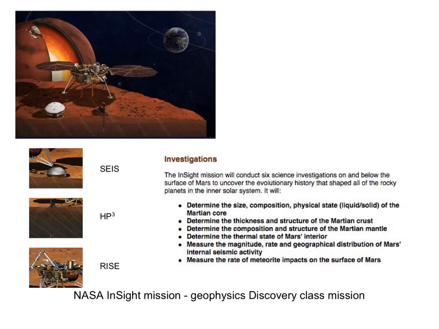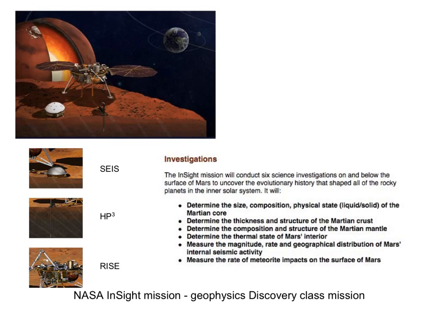So 3 main instruments, basically the seismograph to measure earthquakes and impacts and other similar seismic activity. This HP cubed instrument is basically, rather than drilling a borehole and dropping down a thermometer like we would be able to do on the Earth, we really don't have the ability to send fancy drilling rigs to Mars yet.